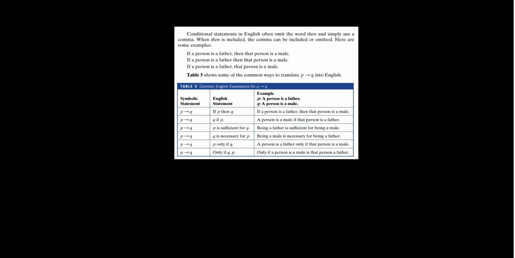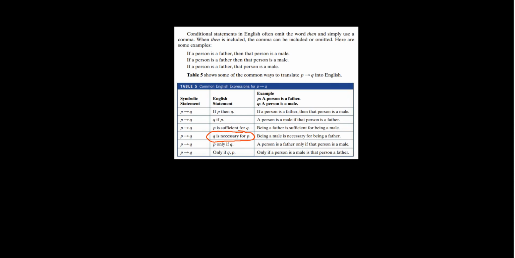Right here we have the "is necessary," and it is an if-then statement, right? P implies Q, that's another way to put it. P implies Q, so Q is necessary for P, so that's what we're going to look at here.